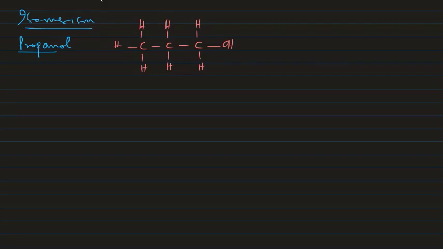This alcohol is known as 1-propanol. Why 1-propanol? Because OH is on carbon number 1 over here. This carbon is carbon number 1, carbon number 2, and carbon number 3.